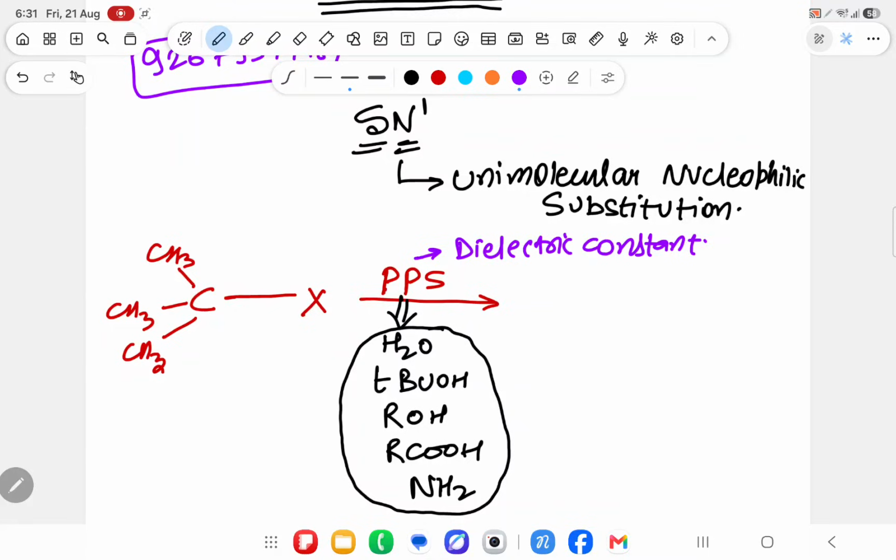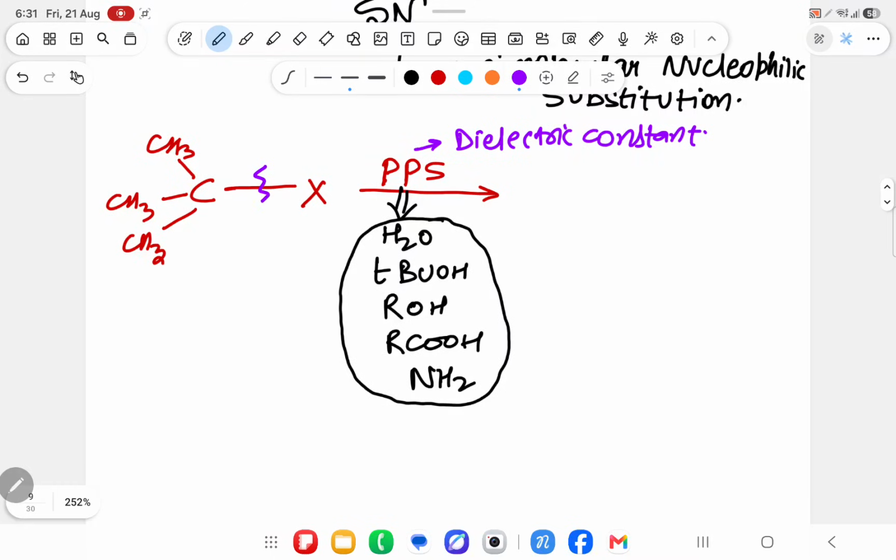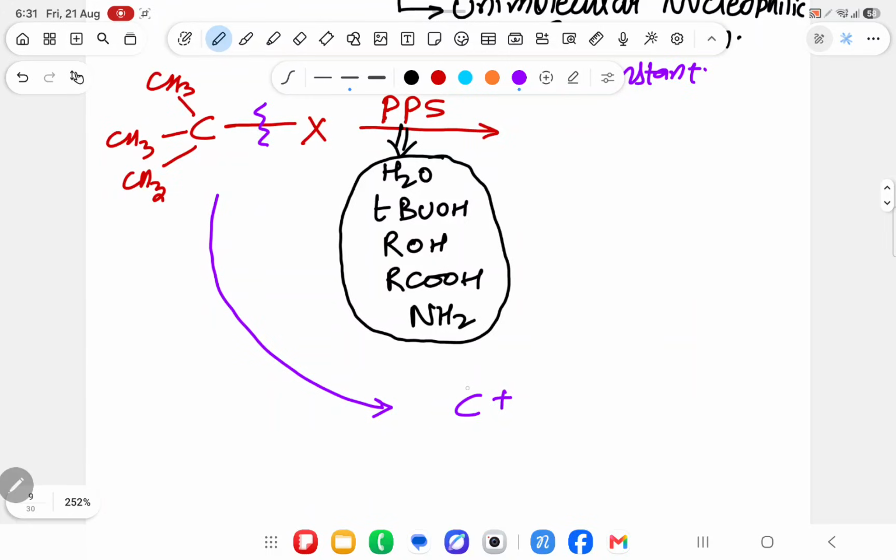Now, what happens in the case of a polar protic solvent? First, this bond will break. After breaking the bond, you will get C plus, with CH3, CH3, CH3.